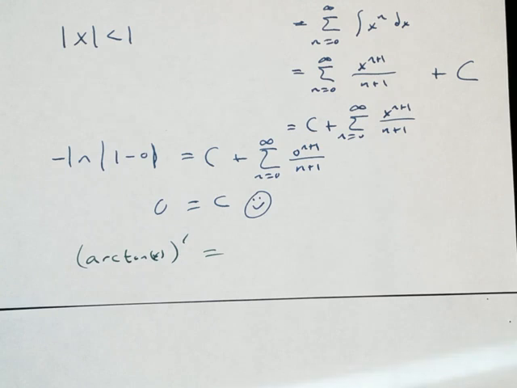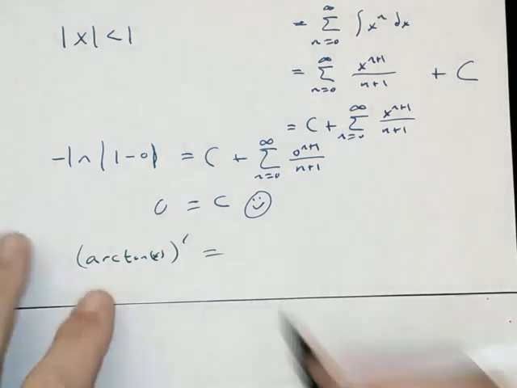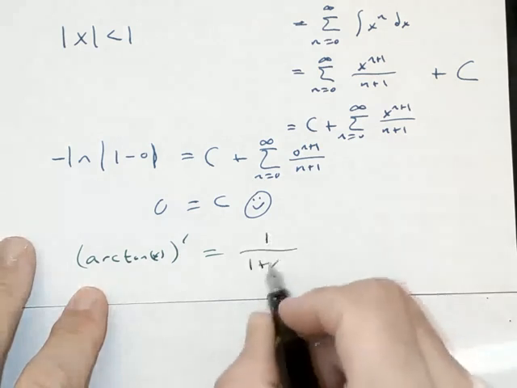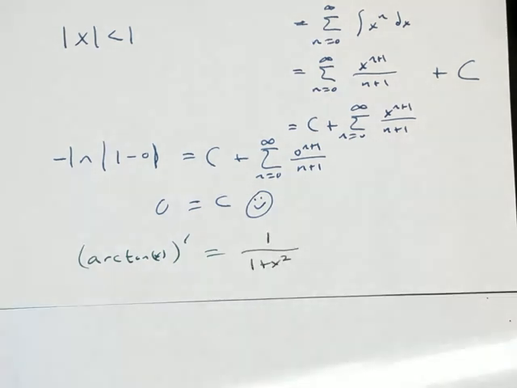Without the square root. The square root goes with sine. Hey, wait a second. 1 over 1 plus x squared. Didn't we do a power series for that? Right at the beginning of class, we did a power series for that. I have that one right here.